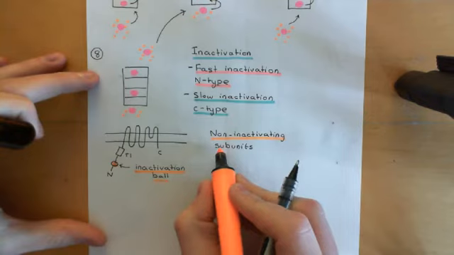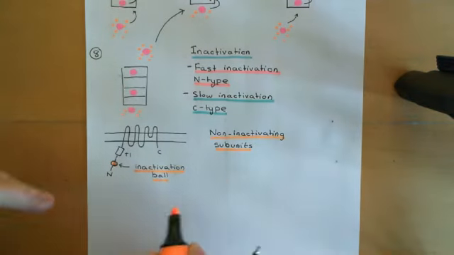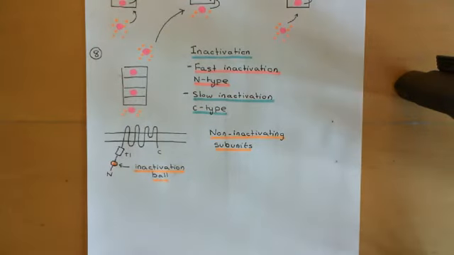Hold that thought in your head that these non-inactivating subunits that don't have inactivation balls can still actually assemble into voltage-gated potassium channels that can show fast type inactivation, because you can add on accessory subunits, these beta subunits, which then do have separate inactivation balls on them. So we'll come back to that point.